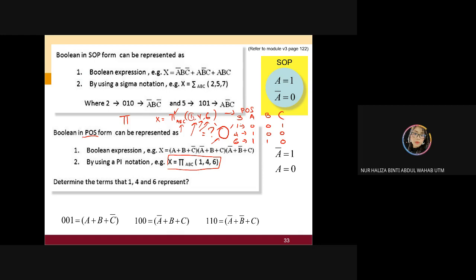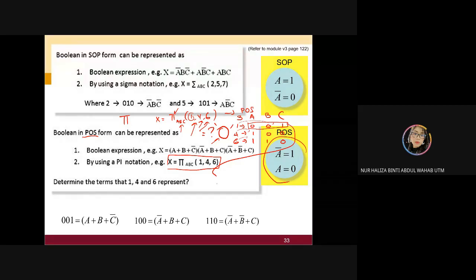Why is this? You convert 1 to binary, you convert 4 to binary, you convert 6 to binary, and you will get these values. And what is this representation? Please bear in mind this condition for POS: A bar is 1, A is 0.